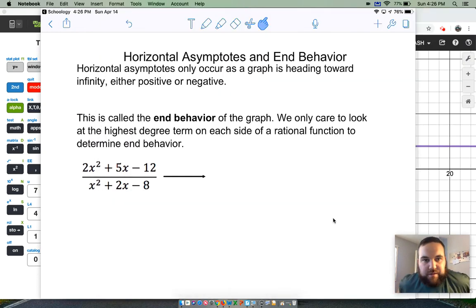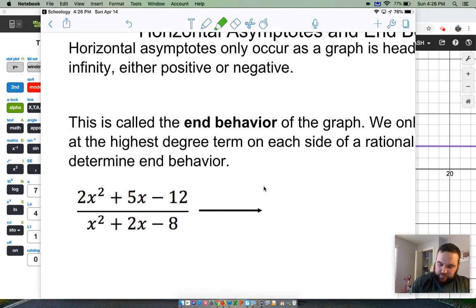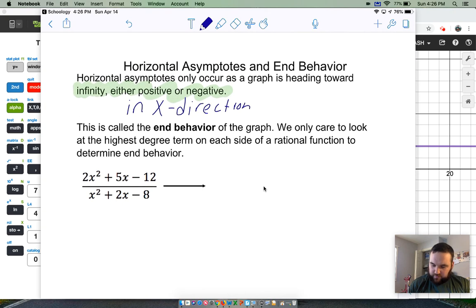Okay, last new thing that we need to talk about today are horizontal asymptotes and end behavior. So again, a horizontal asymptote is a line that the graph approaches as it moves out to the outsides of the graph. The key here is that the horizontal asymptote can only occur as a graph is heading towards infinity, in the x direction, meaning right or left.